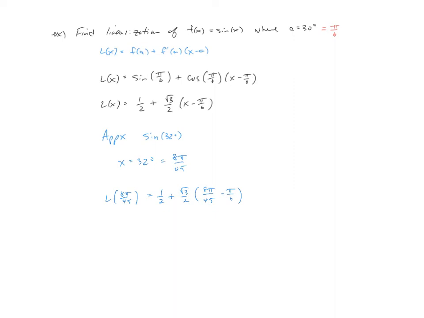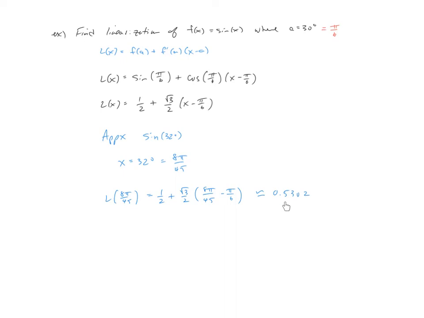You could certainly use a calculator on a problem now at this point, and that's going to give us 0.5302. And so what I want you to do is take a calculator out and take sine of 32 degrees, or sine of 8 pi over 45 radians. Your calculator should give you a number that's really close to this.